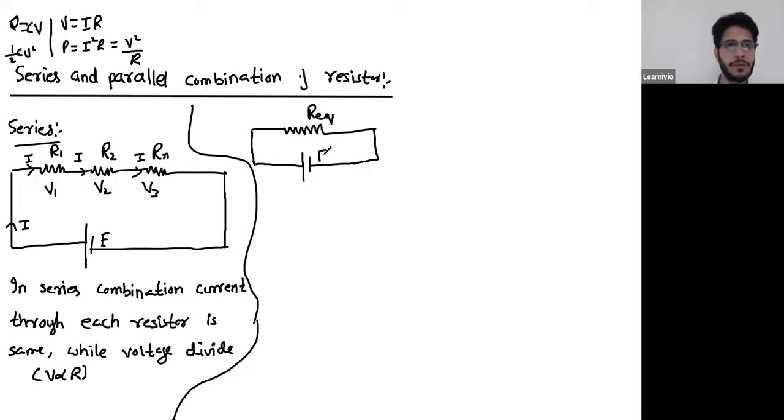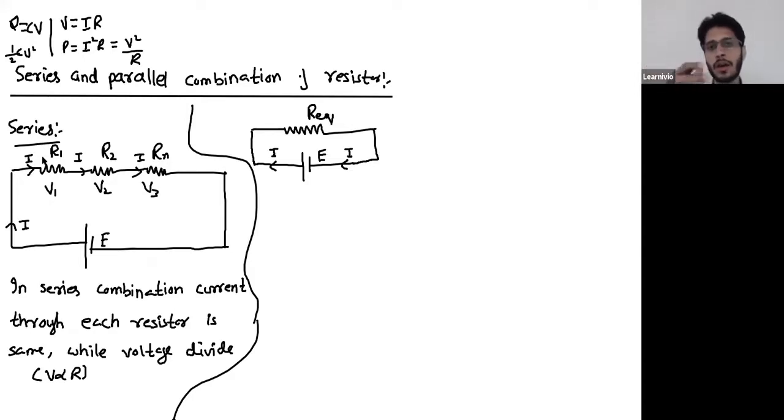The EMF of the cell is E. Current through the resistance is I. Same in the sense, Fatima, that even in capacitors, the charge through each capacitor was the same.